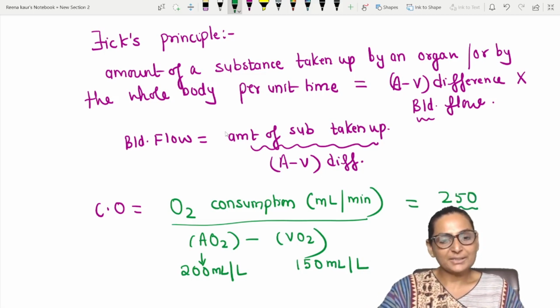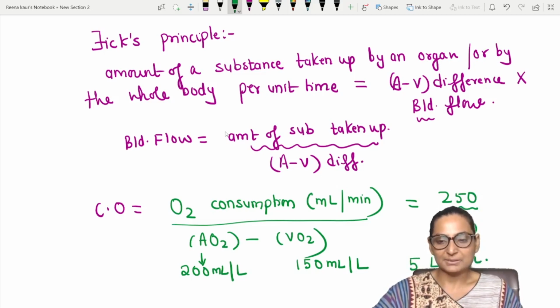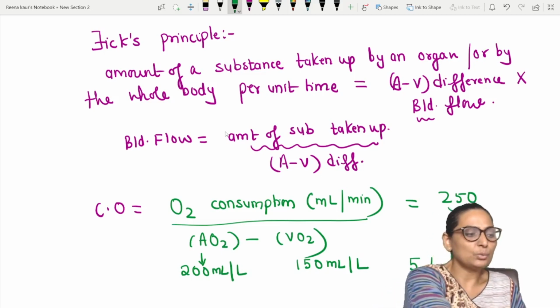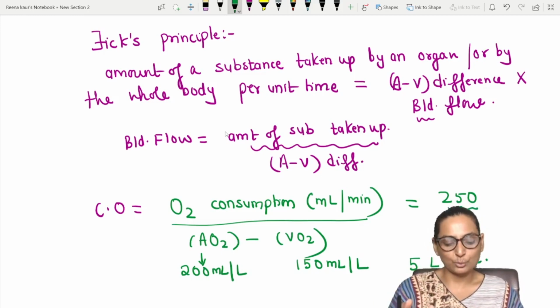So 250 divided by 200 minus 150, which comes to 50, and so you're going to get 5 liters per minute. 5 liters per minute, right? So this comes as the Fick principle, sometimes as a short note to you.